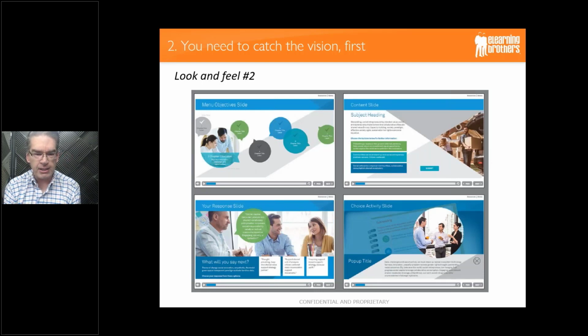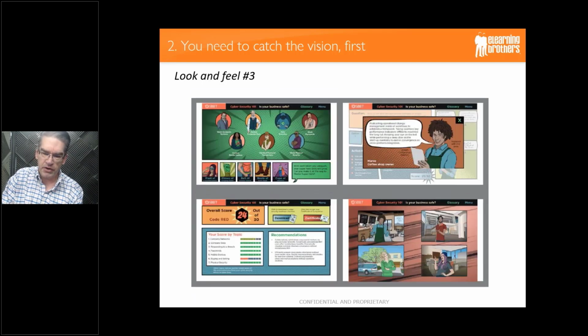We have the bubbles, so it's a little bit more rounded. Still use some iconography, a little bit more visualness. That's number 2. And you don't have to worry too much, but just your first impressions as to which one you like the best. Number 3, here we go with illustrations. Still a little bit limited text, a little bit more text on screen, but it's going to be illustrated.